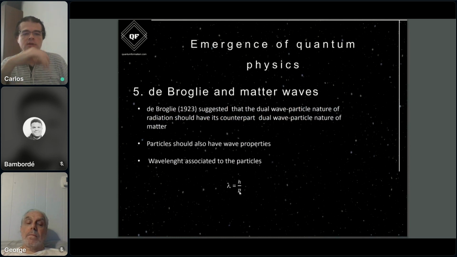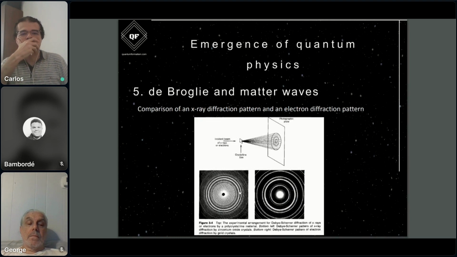So this idea was proved in some experiments, and this is an example: a comparison of the X-ray diffraction pattern and the electron diffraction pattern. Here, the incident beam of X-rays, which is radiation, right, or electrons comes onto a crystalline film, and shows the structure on this photographic plate.